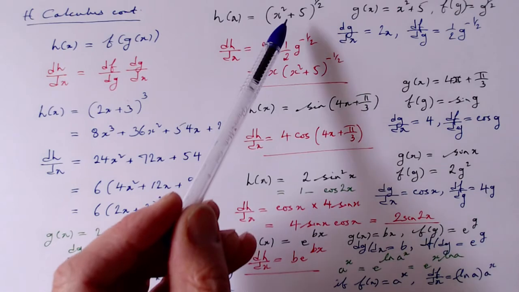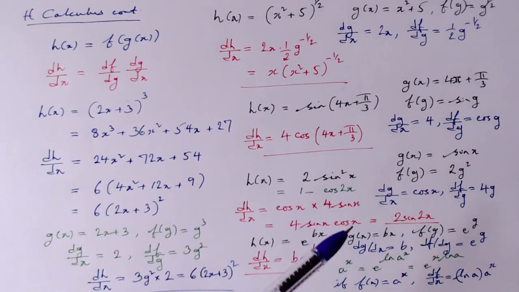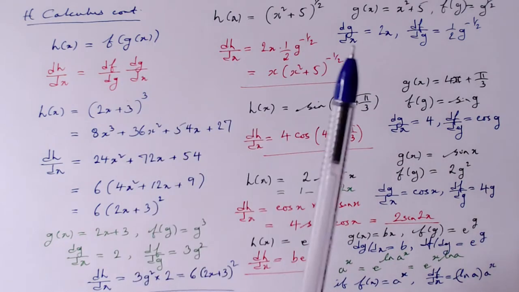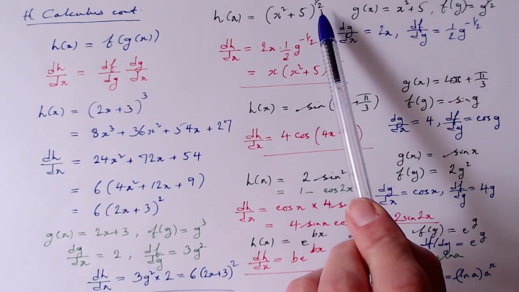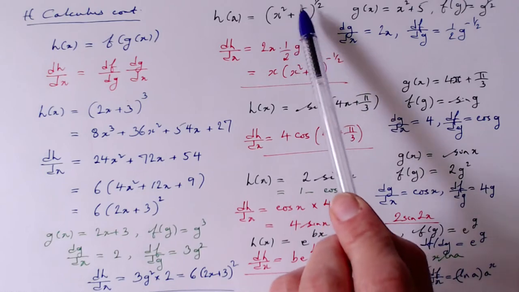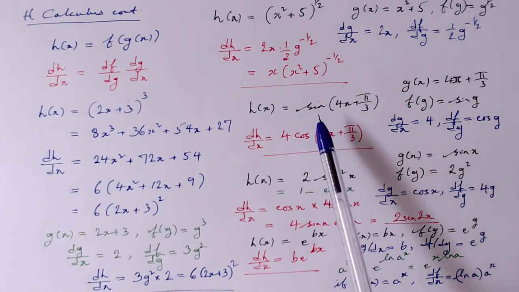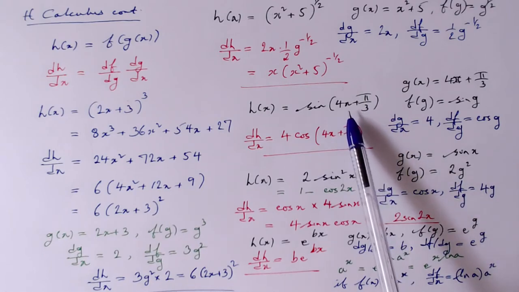But then we looked at lots of other examples where actually you simply have to use the chain rule to do the differentiation. We looked at a non-integer power of a polynomial expression. We looked at the sine of a function which was not just x.